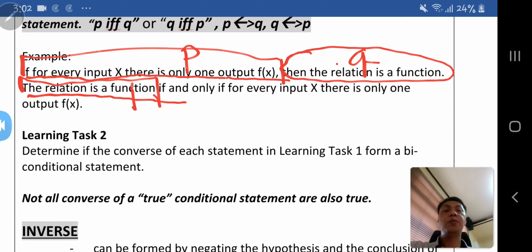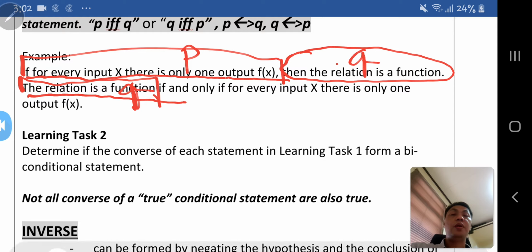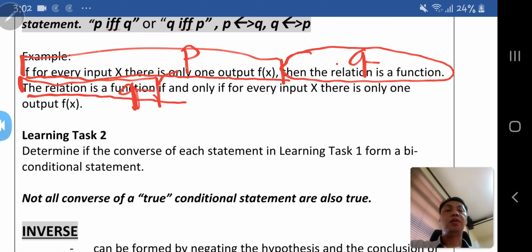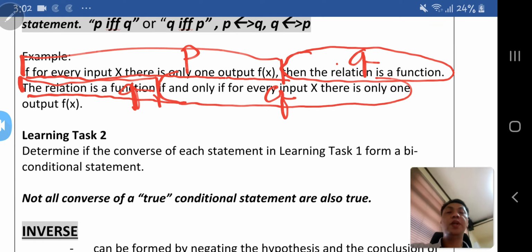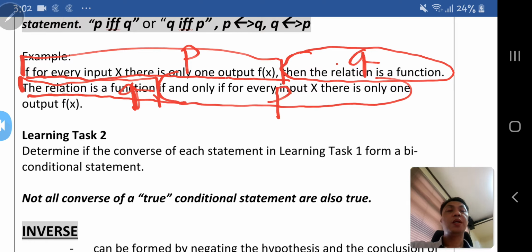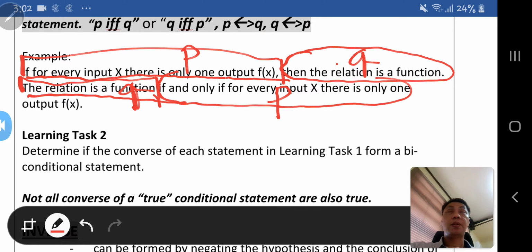This is your Q. If and only if, for every input x, there is only one output function of x. So this time, this becomes your P, the hypothesis. So you form the converse of the statement, if Q, then P.